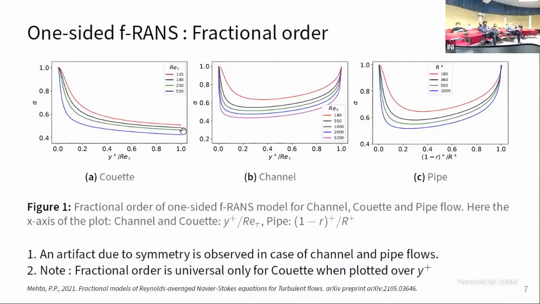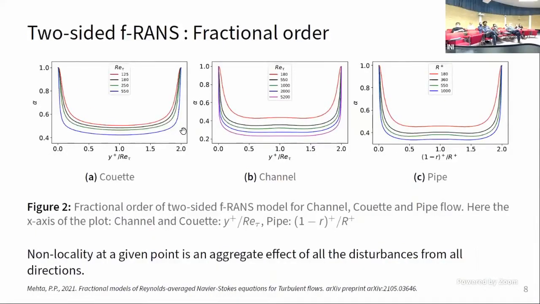And the reason for such a problem is because the channel and the pipe have quite a symmetry, and because of that symmetry, the construction that we have gives an arbitrary answer. So we went around, and the proper way to address the physics is to take the contribution from both sides. Now why would you do that?